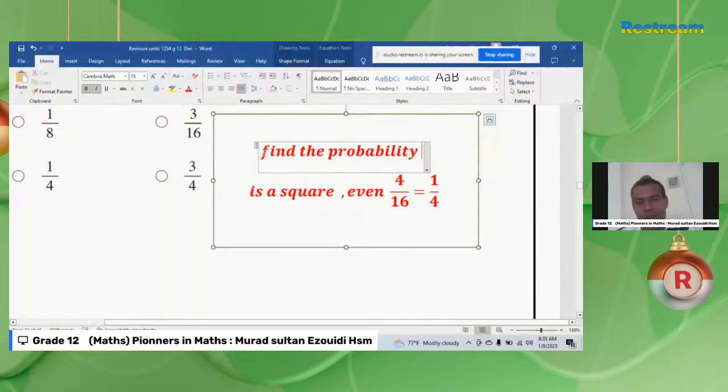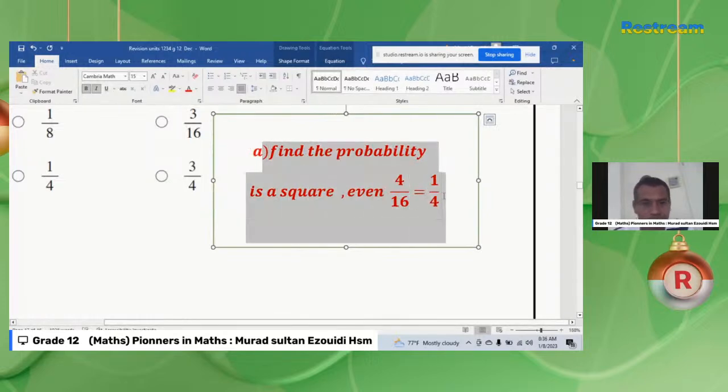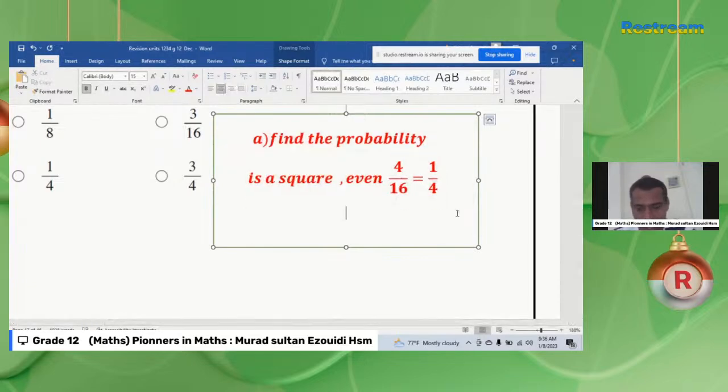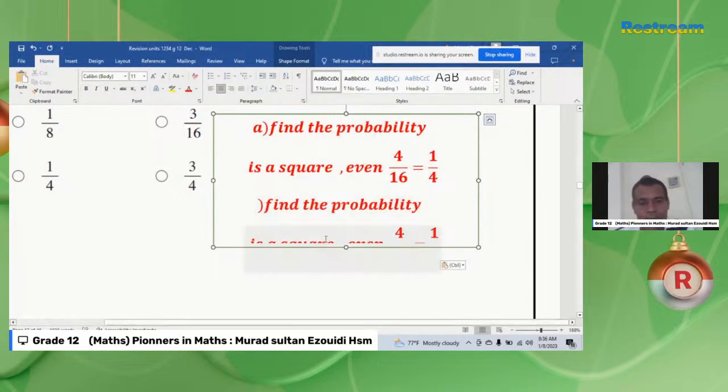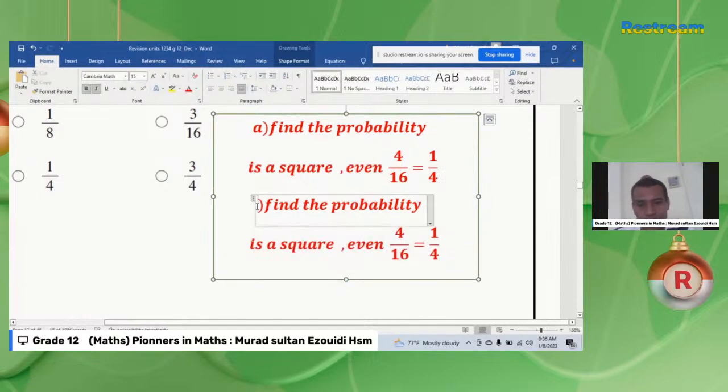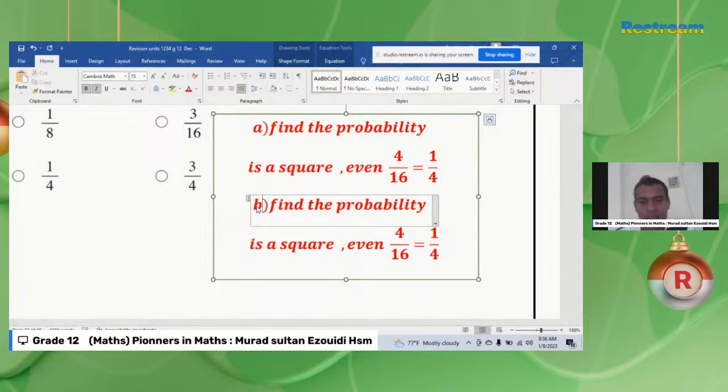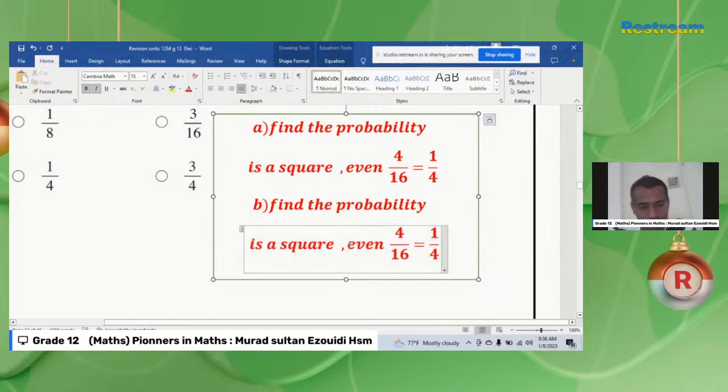If we suppose now the question is like that, this is small a, I will make small b here. I will suppose that I'm going to find the probability of the event that it's a square and odd number. Now change this one as odd number.